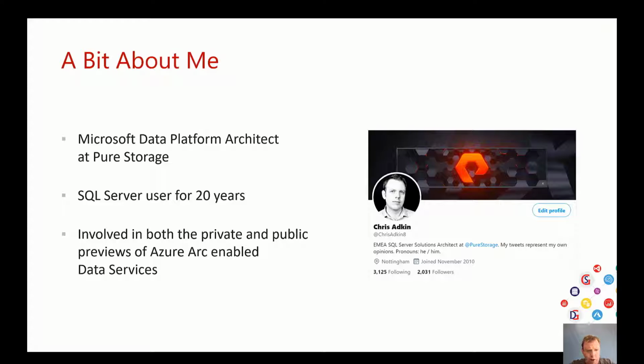So I help produce a lot of the launch material and reference architecture documentation for Azure Arc enabled data services for who I work for. I've also worked with Microsoft in the past to produce Kubernetes documentation which has gone into their GitHub repos.